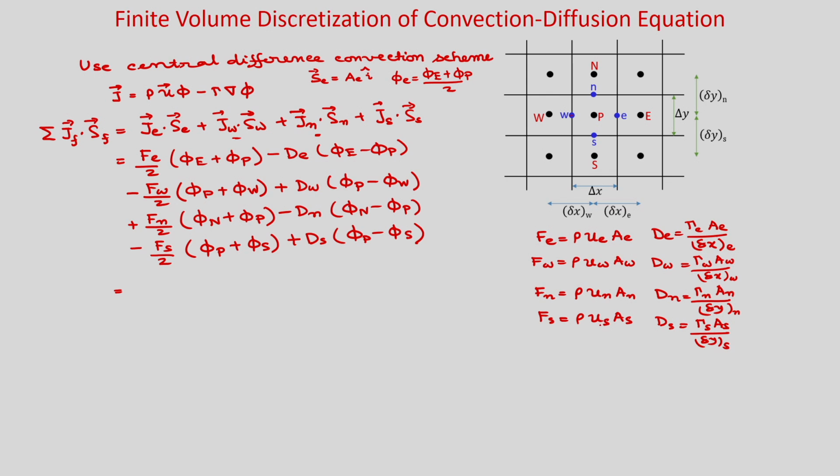And what is u_s, u_n, u_w, u_e? You will take central difference. Okay. So, u_e you can calculate as u_E plus u_P divided by 2. Okay. Here also we are using central difference.